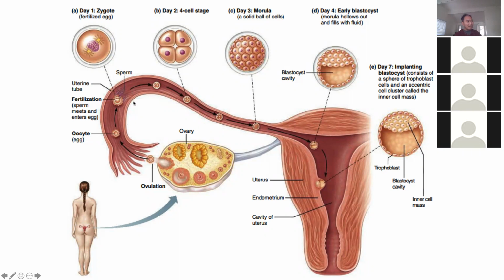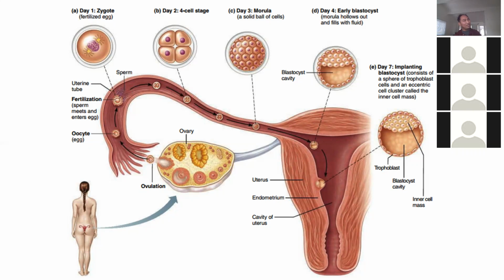At the end of the fallopian tube, we have little fibrils, finger-like projections. They will go and grab the ovum and put it into the fallopian tube.